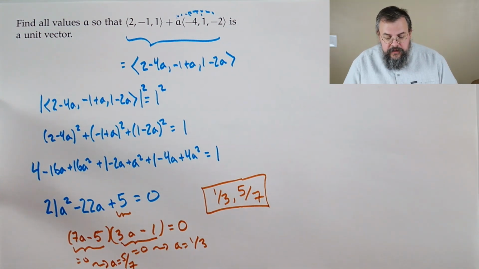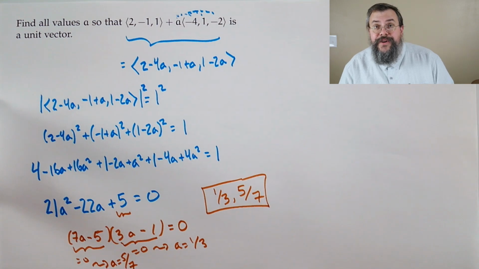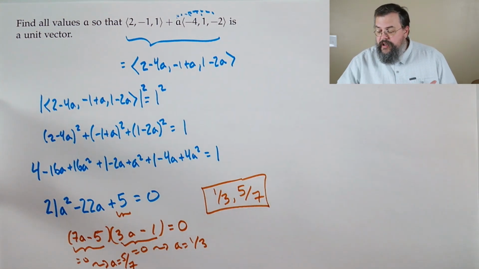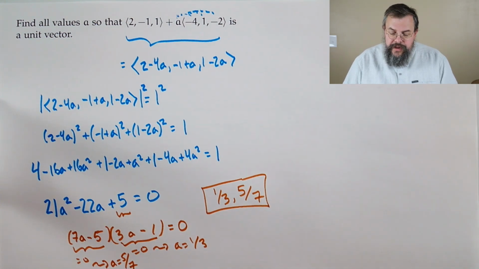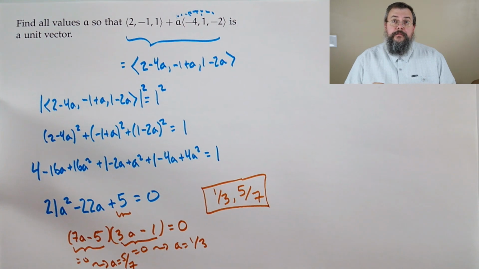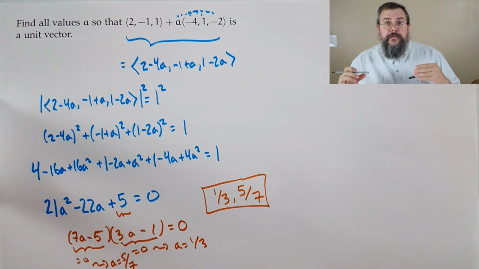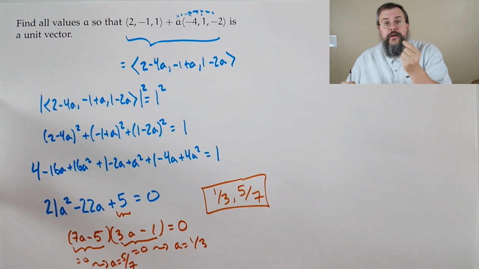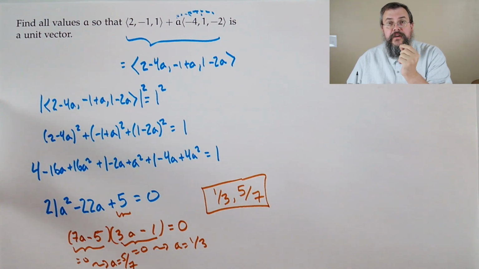Now, on a side note, there's sort of an interesting geometrical interpretation to this problem, which we don't need to know in order to answer it, but, you know, it's fun to know things. So what's the interesting geometrical interpretation? Well, suppose we think of vectors where we say, look, let's move it so that the start of the vector, or you might call it the tail of the vector, is at the origin.